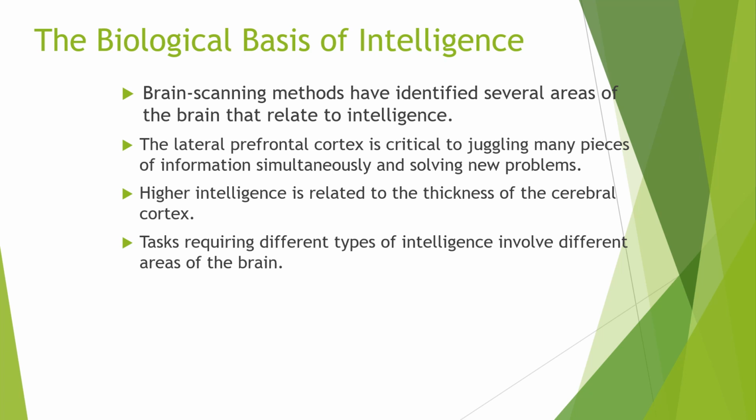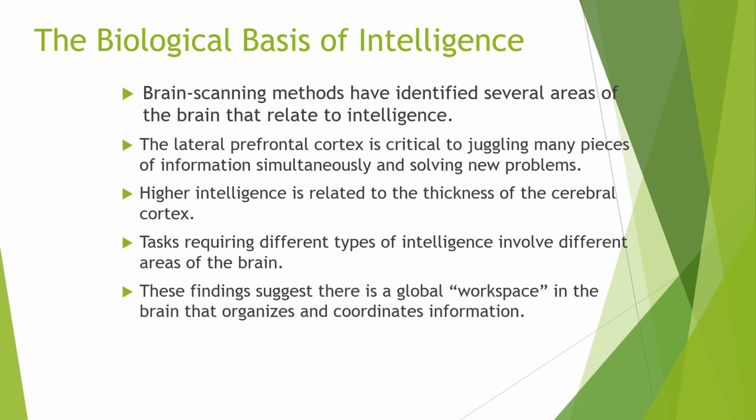Each of those different types requires some sort of different task, and therefore each of those tasks would involve different areas of the brain. So these suggest that there is this global workspace in your brain that organizes and coordinates all the different information.